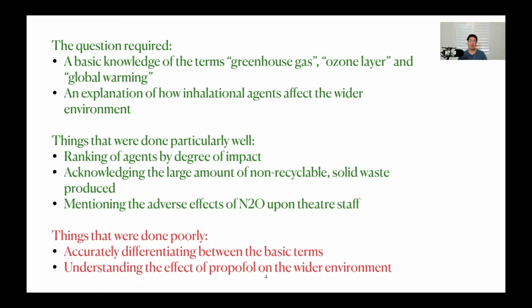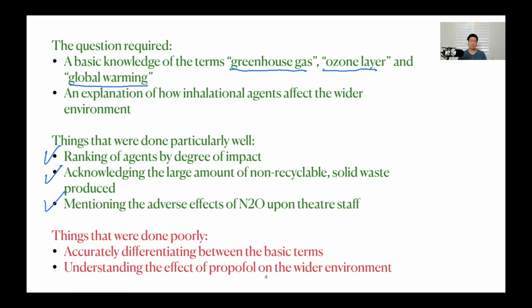So the question required a basic knowledge of the terms greenhouse gas, ozone layer, and global warming. An explanation of how inhalational agents affect the wider environment, and things that were done particularly well were ranking of agents by degree of impact, and the most obvious would be Desflurane here, acknowledging the large amount of non-recyclable solid waste produced, and mentioning the adverse effects of nitrous upon theatre staff.